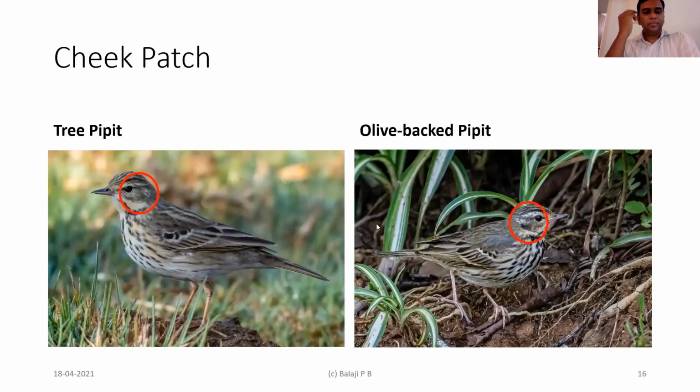The tree pipit has no cheek patch. But if you look at the olive-backed pipit, it has a black cheek patch. In fact, the olive-backed pipit is the only pipit among the pipits of the hills which has a cheek patch. So if you are at 1,500 meters and you see a bird which has a black cheek patch, like you see in this image right now, you can be very sure that it's an olive-backed pipit.